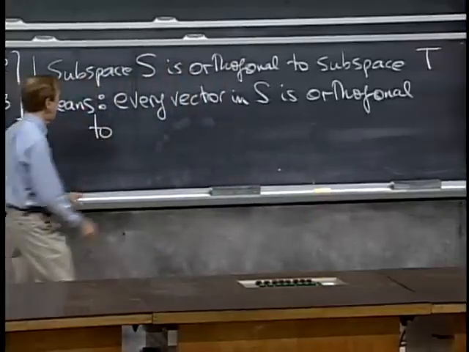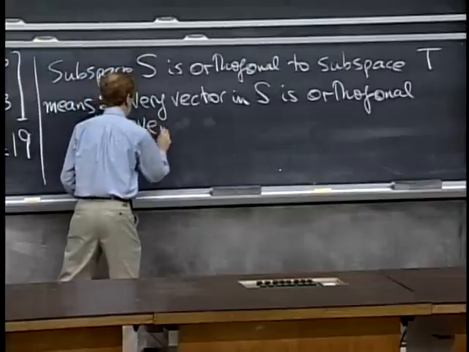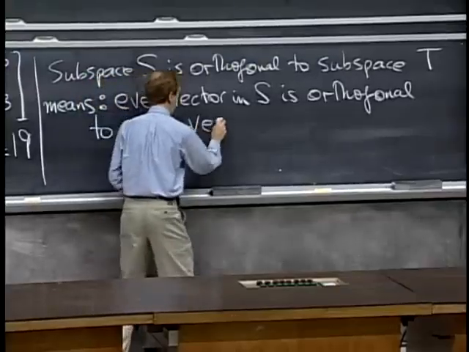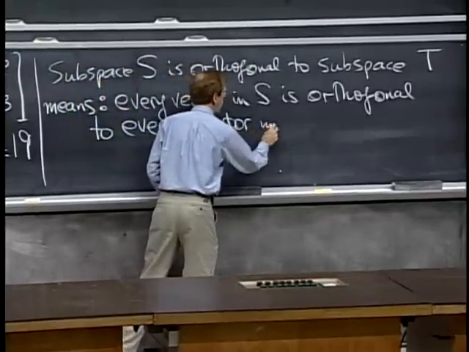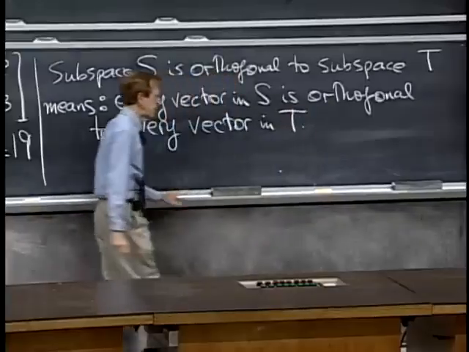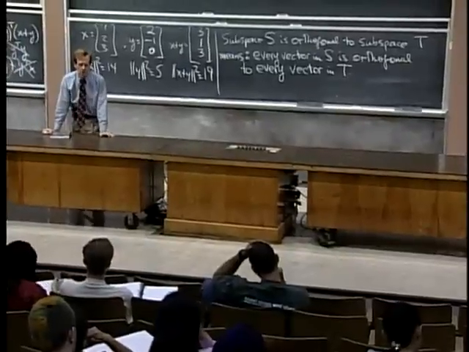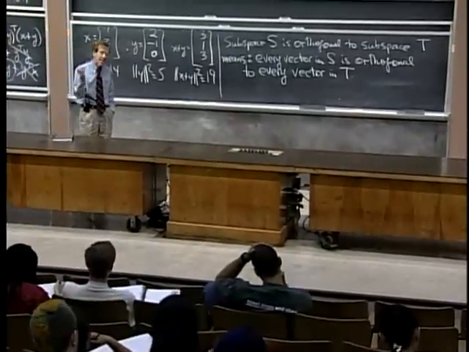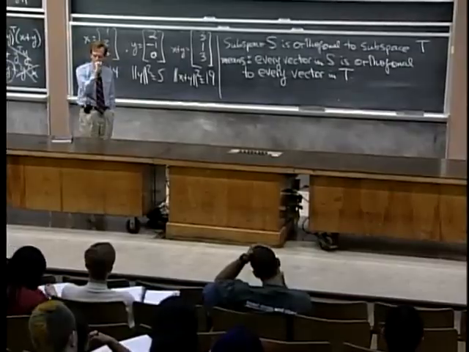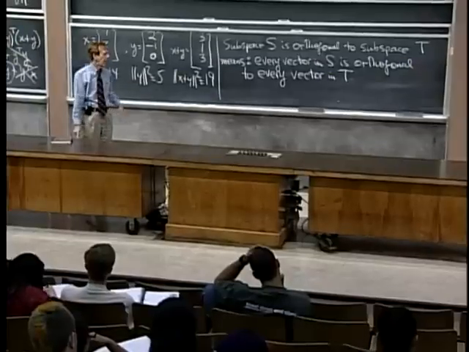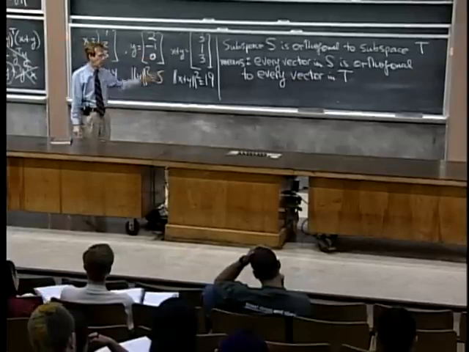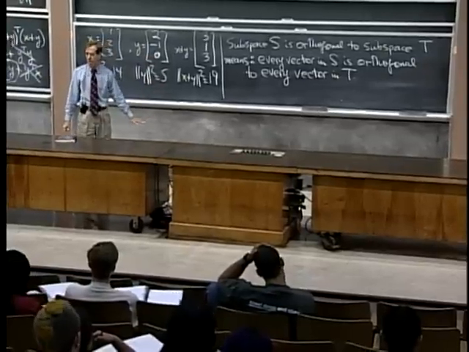Every vector in T. That's a reasonable, and it's the right definition for two subspaces to be orthogonal. But I just want you to see, hey, what does that mean? So answer the question about the blackboard and the floor.